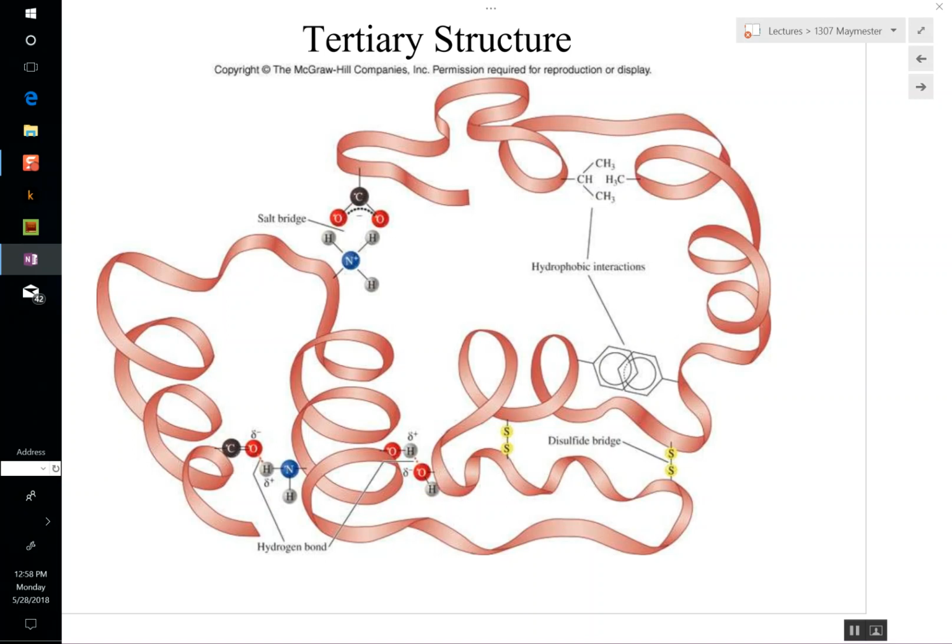Okay? We're going to work through this from weak interactions, and here's two examples of fairly weak interactions, hydrophobic interactions, and this is non-polar R groups.